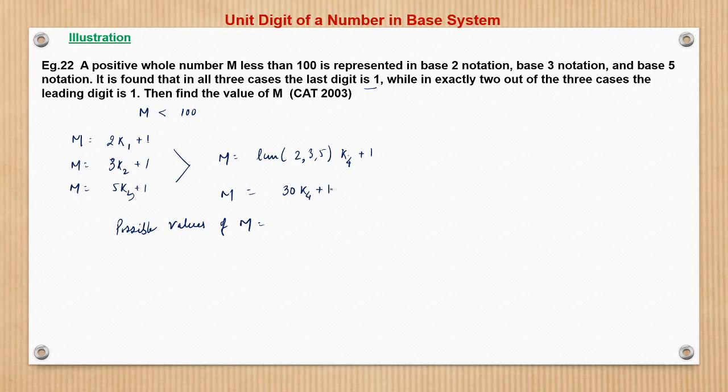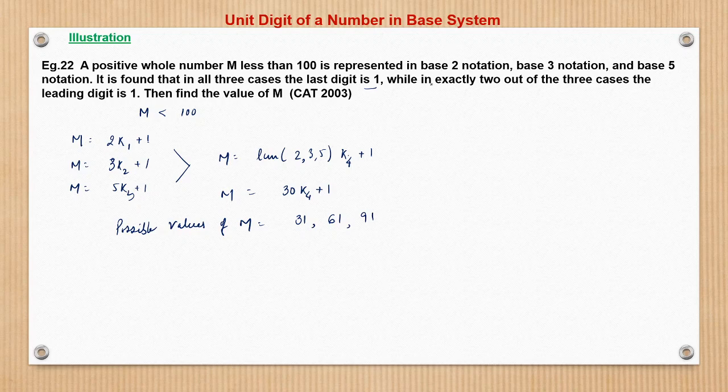It's not possible, right? So we take all the values which are more than 1 for the base system to be true. So k4 is equal to 1 gives 31, 2 gives 61, 3 gives 91. So these three values are possible, right?